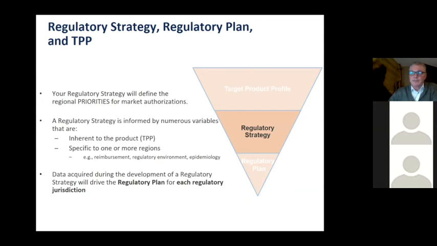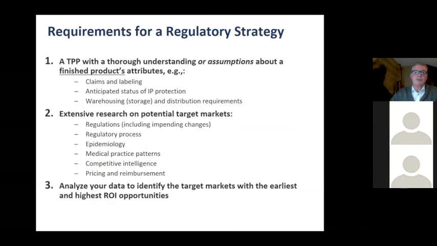So your reimbursement is going to play a major role in that decision-making. What is the regulatory environment like? What is the epidemiology like? How many patients actually have that condition in a certain country versus other countries? The data that's acquired during the development of your regulatory strategy will derive your regulatory plan for each individual regulatory jurisdiction.